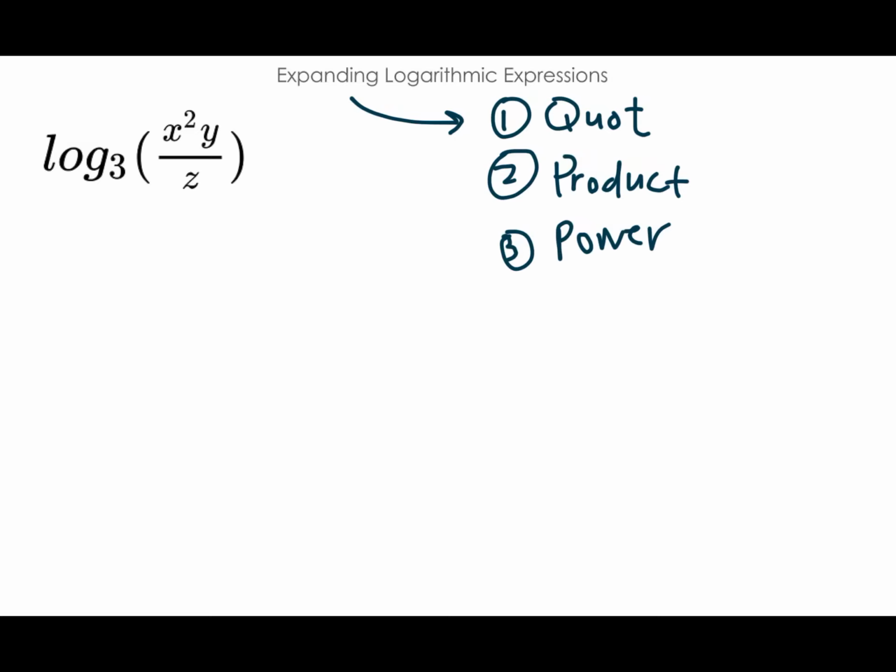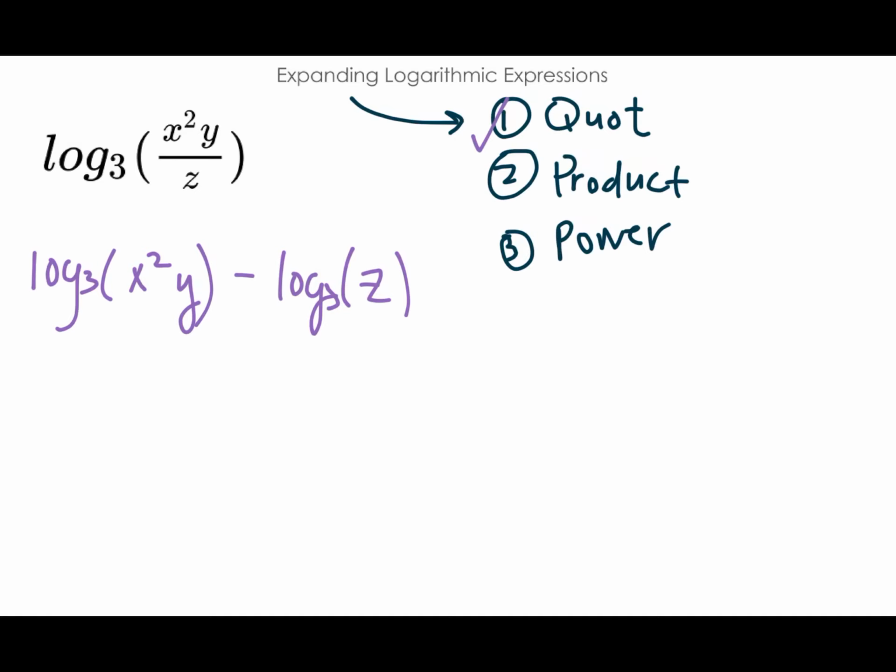We have x squared times y divided by z. So the quotient rule allows us to take the numerator and put it in its own log and subtract from it the denominator with its own log. Okay, so we've done the quotient rule. We've taken any division and changed it to subtraction.